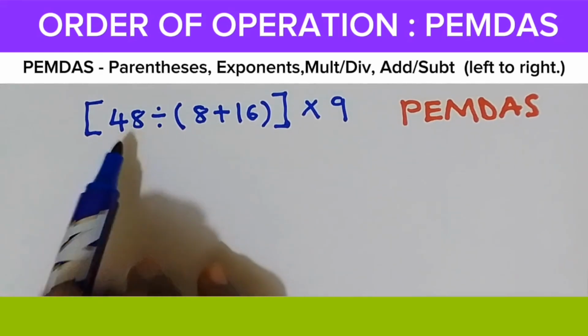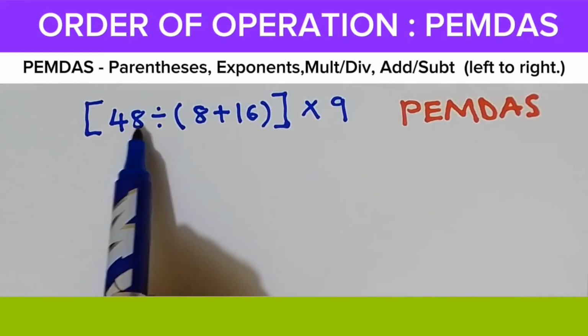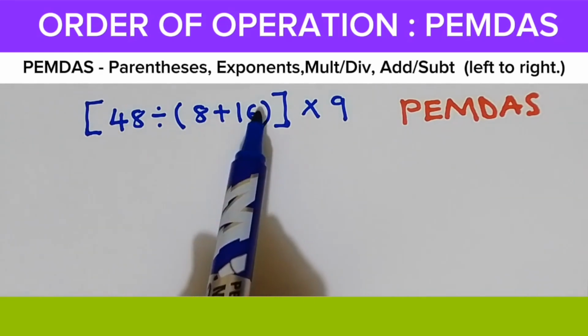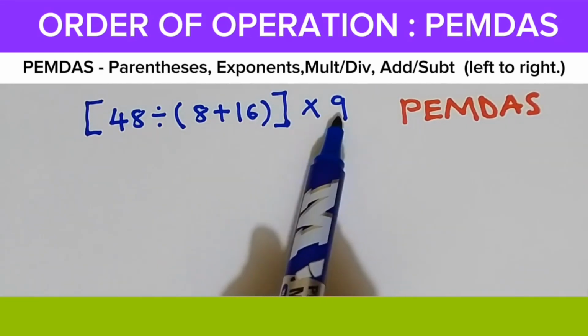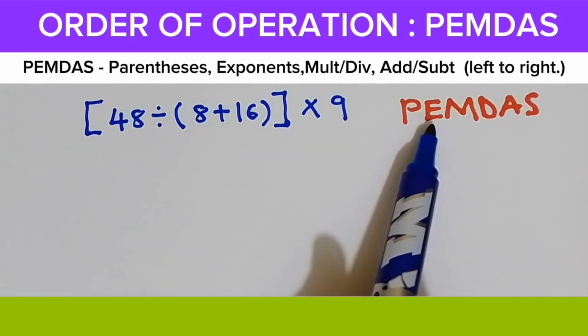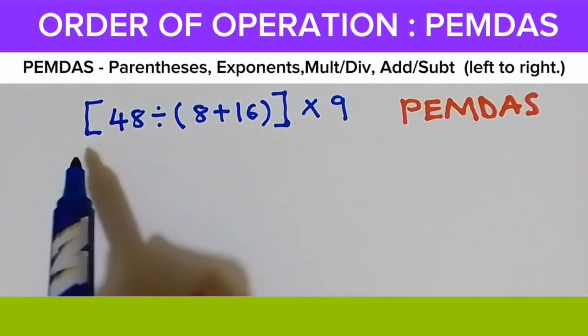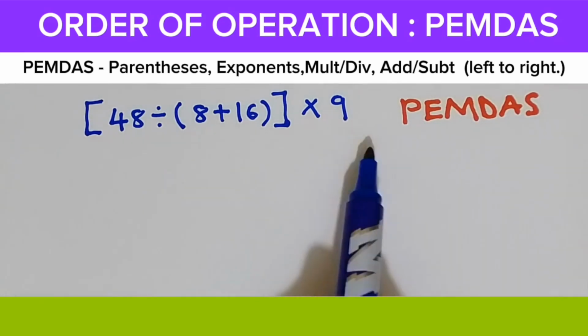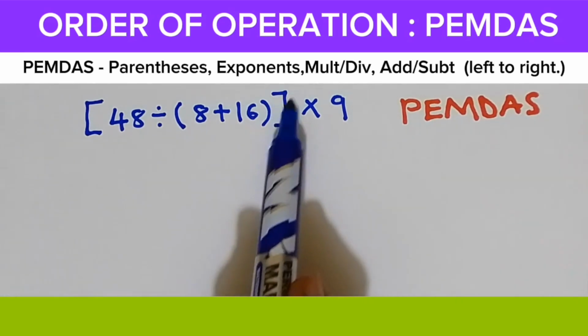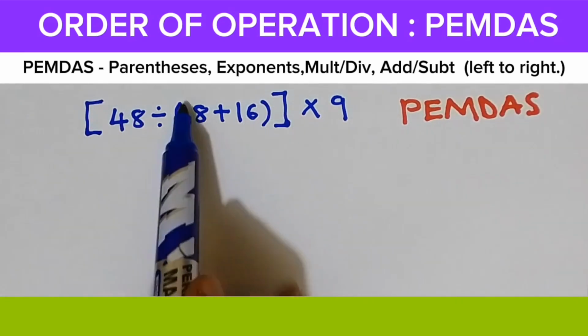We have question number 2, where we have 48 divided by, in the parentheses, 8 plus 16, in the parentheses, multiplied by 9. So again, we are going to be led by PEMDAS, and our direction is from left to right. So do we have any parentheses? Yes, and we have two parentheses, outer parentheses and inner parentheses.